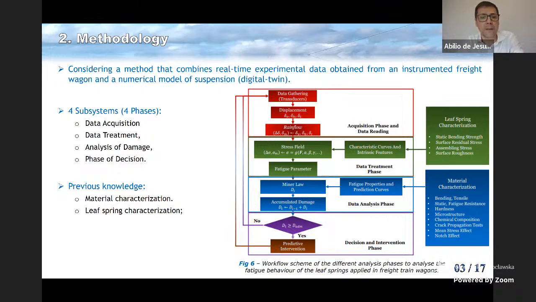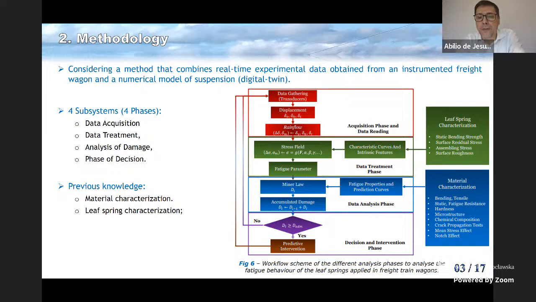With that data we need to make data analysis, data reduction analysis, and we also need to understand how the springs behave globally, and also we need to reach local stresses. So we need to characterize the springs very comprehensively in terms of mechanical behavior, global one, but also residual stresses, assembling stresses, surface roughness.